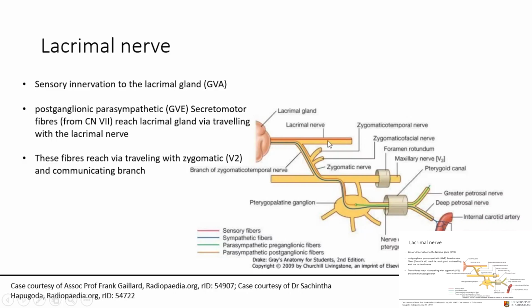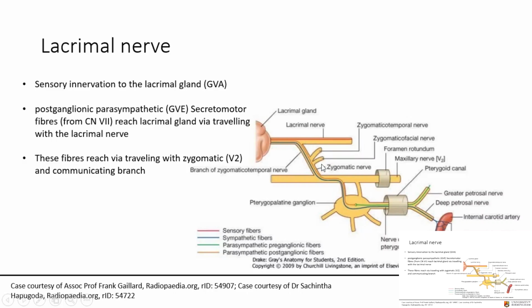However, the postganglionic parasympathetic fibers are coming from the facial nerve, and the facial nerve will reach the lacrimal gland here and travel with the lacrimal nerve.